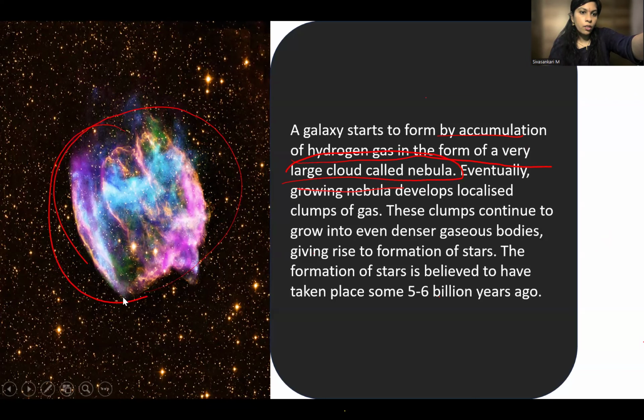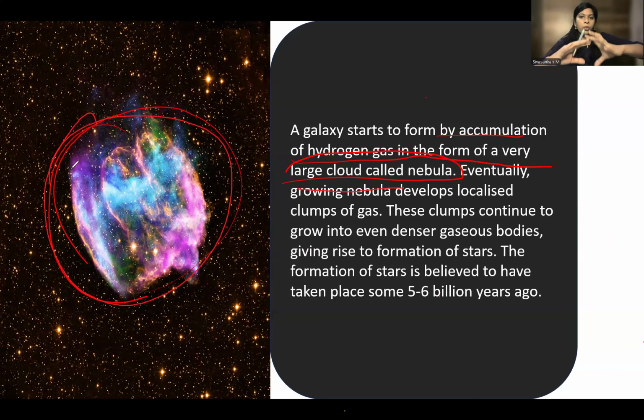This is an accumulation of gas, the matter is in the gaseous form. In the form of hydrogen gas, it starts to accumulate together and forms a cloud-like substance. That is called a nebula. We give it a new name, nebula.